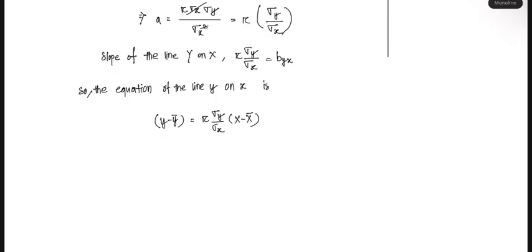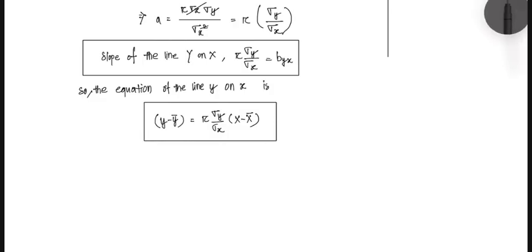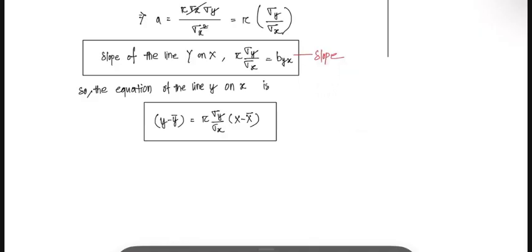Making these two in a box. So this is the slope equation and this is the main equation.